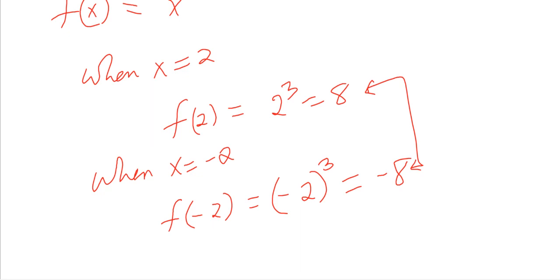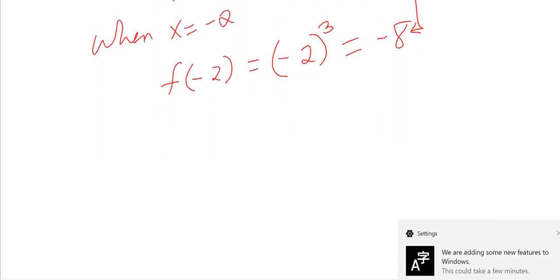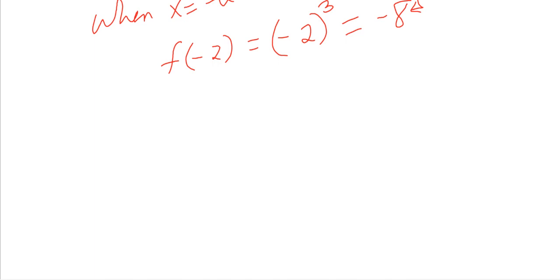So when a function behaves like this, then we say it is an odd function. You see that the value of the function at 2 is the same in magnitude as the value of the function at minus 2.